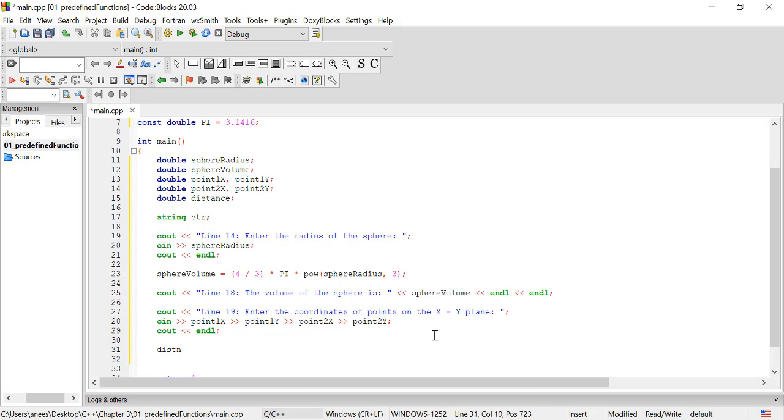Now distance is equal to square root. This is square root.